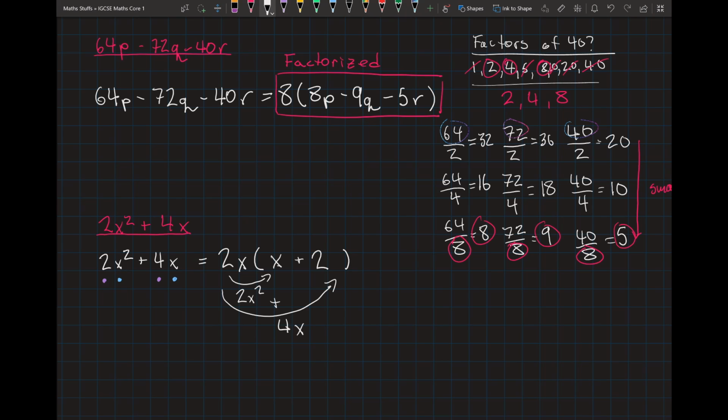And we would add them together, and that's 2x squared plus 4x. So we know that we have factorized this correctly, because when we try to reverse the process and expand it, we get the same equation that we had in the beginning. That's how we know we did it right. Alright, so we are done with this one.